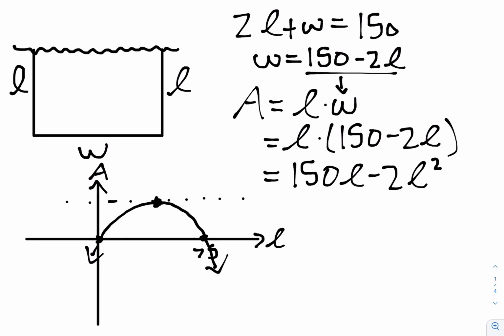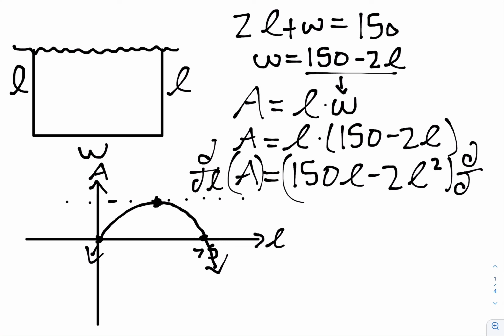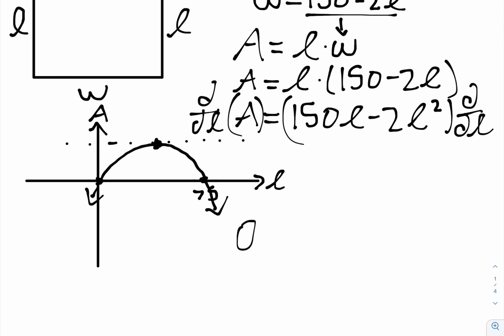So since this is our area, it's just a constant. If we take the derivative with respect to L of both sides, or we can think of it as just saying the derivative equals 0, we just get 0 equals the first derivative of the other side. So this would be 150 minus 4L.